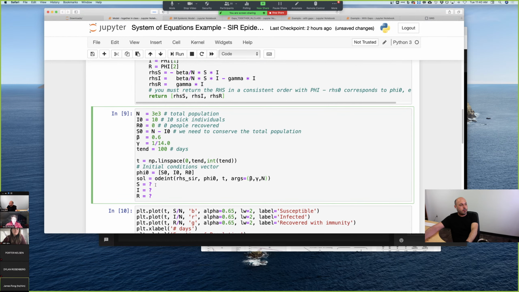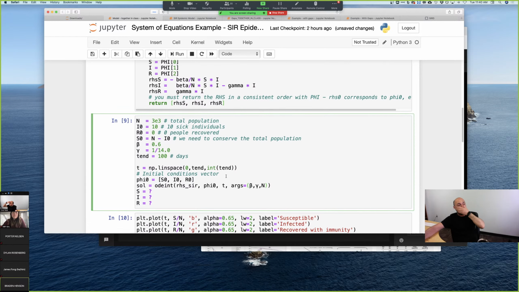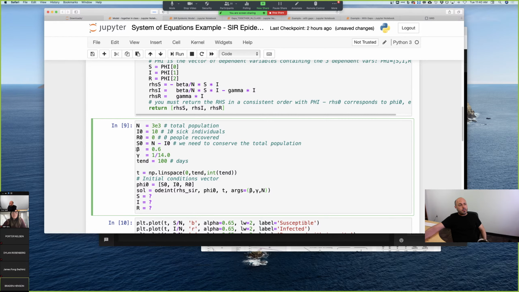Professor, quick question. Yes, Braden. Do we have to have the beta, the gamma in our argument, or do we just spell them out as we did up in the right-hand side? No, it matters a big deal. Because what you're passing here are these values, right? So you could call it B and Ga. Then you have to pass B and Ga, because that's what you mean by beta and gamma.